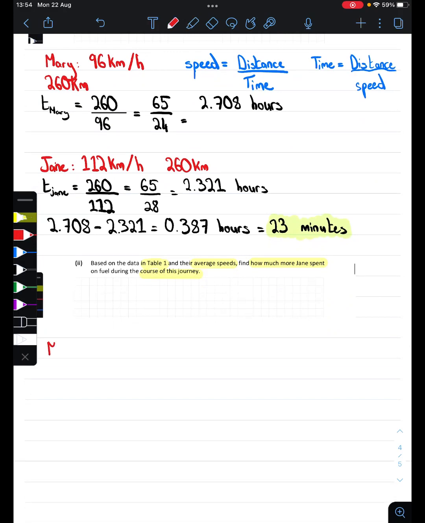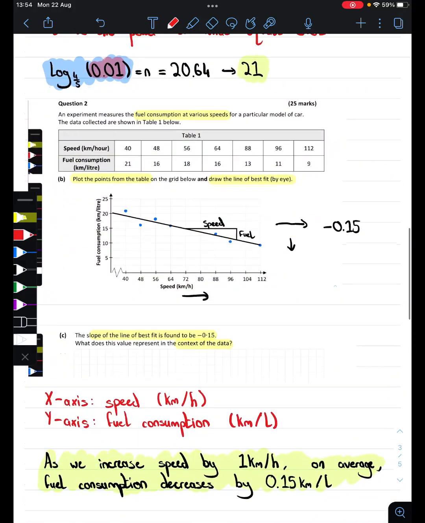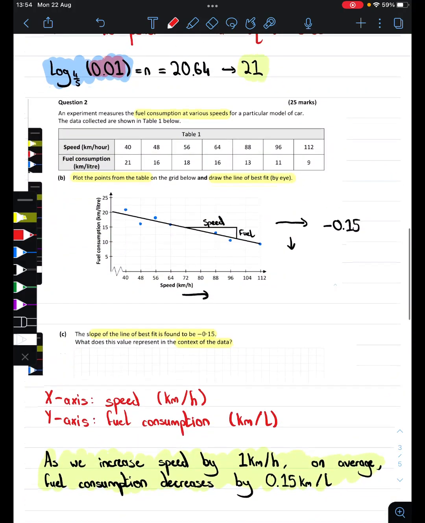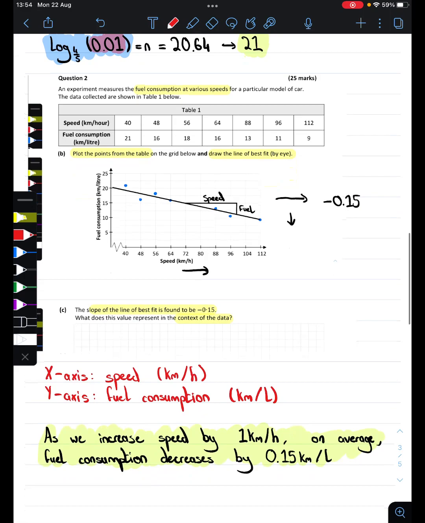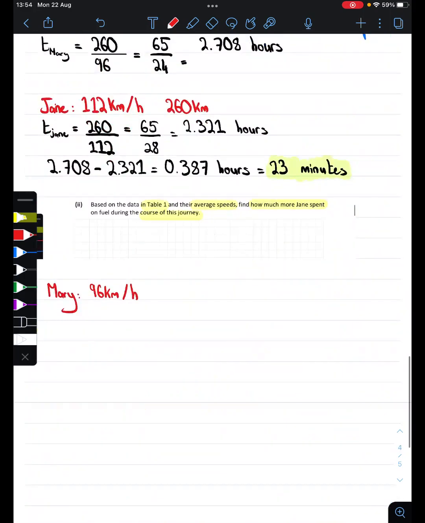Okay, so let's look at Mary first. She traveled at 96 kilometers per hour, which from the table has a fuel consumption of 11 kilometers per liter.